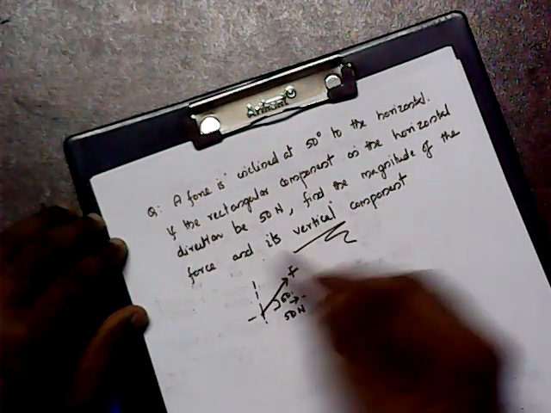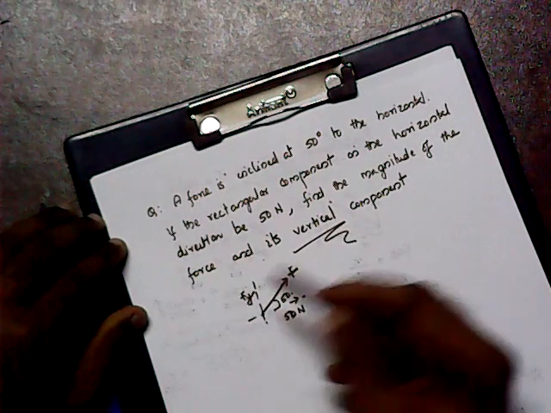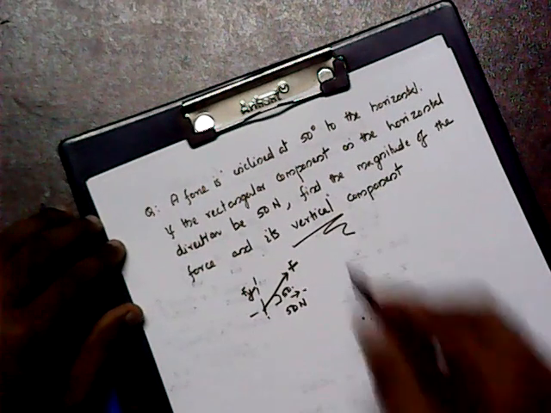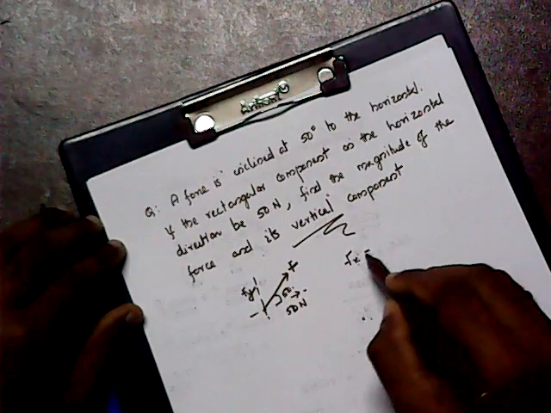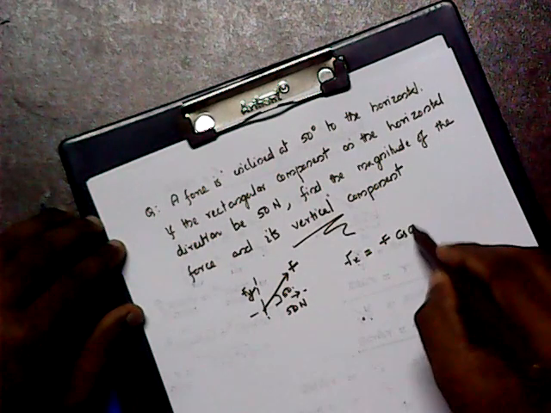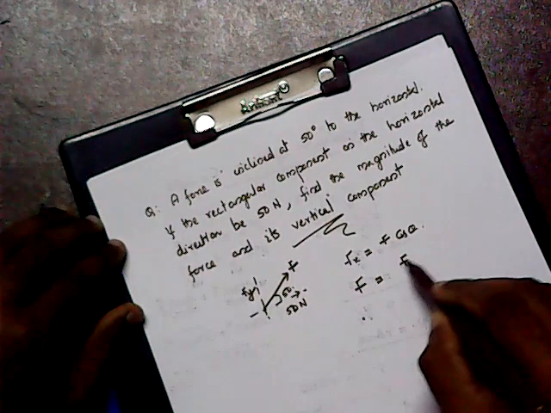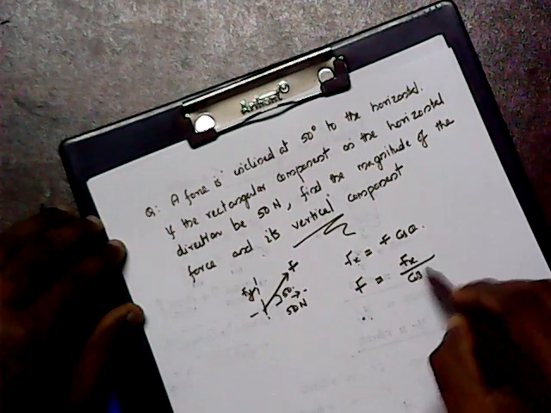Find the magnitude of the force F, and also the vertical component Fy we have to find. But we know the concept: the x component is nothing but F cos theta. By using that concept, we can find the value for F is equal to Fx divided by cos theta.